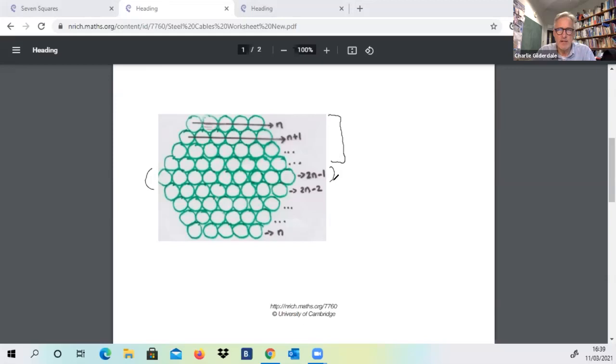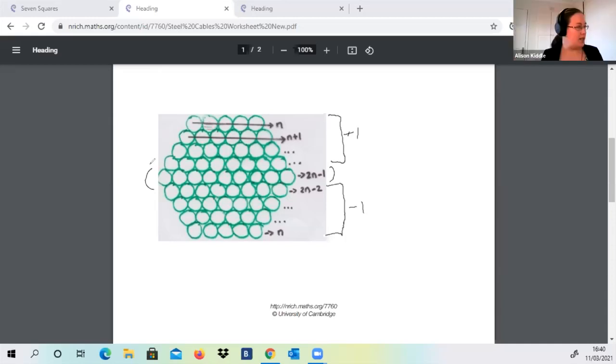Yeah. And then I'm going to look at the section above that and the section below that. So this bit here and this bit here. Yes, and what I notice in the section at the top, as I go down a row, every time I go adding one strand, and when I go down in the bottom half, I always subtract a strand. And so if I can imagine combining the rows in the top half with the rows in the bottom half, I think I'm going to get the total number of strands to be identical.